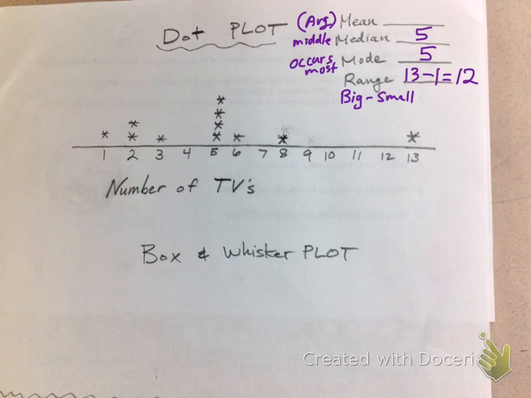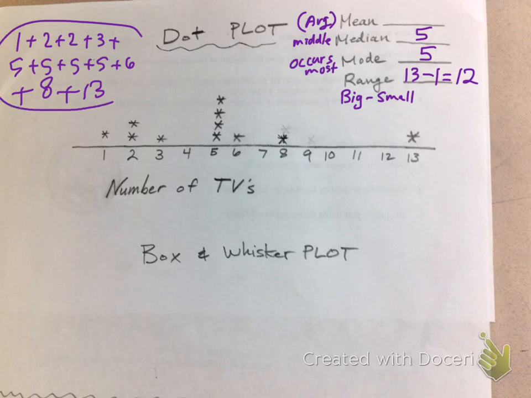And now let's find the average. Average is a pain. You got to add them all up. So 1 plus 2 plus 2 plus 3 plus 5 plus 5 plus 5 plus 5 plus 6 plus 8 plus 13. I'll just use a calculator.